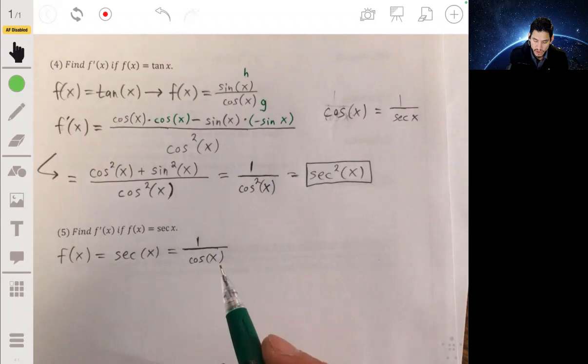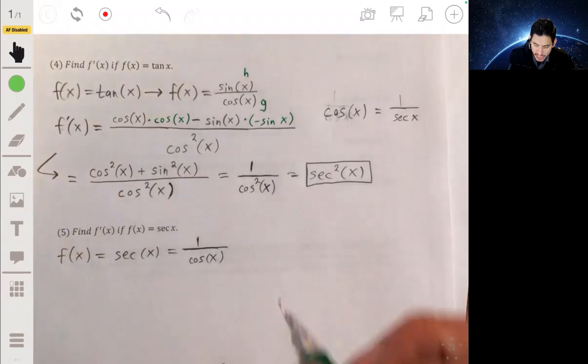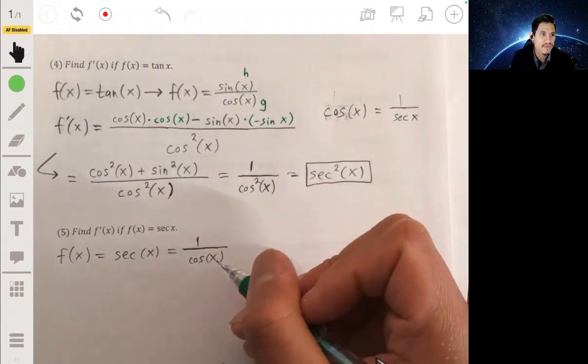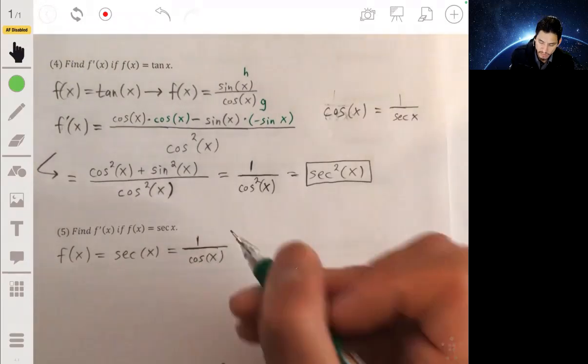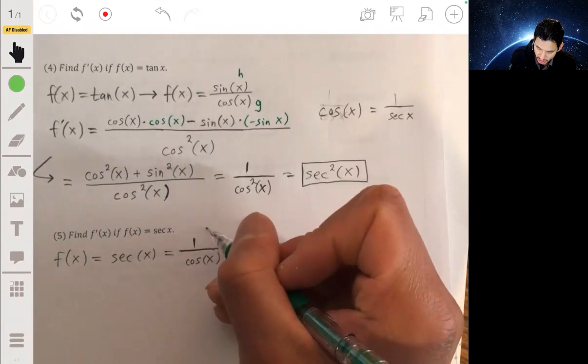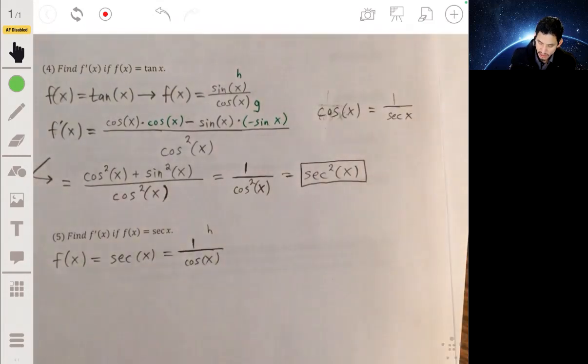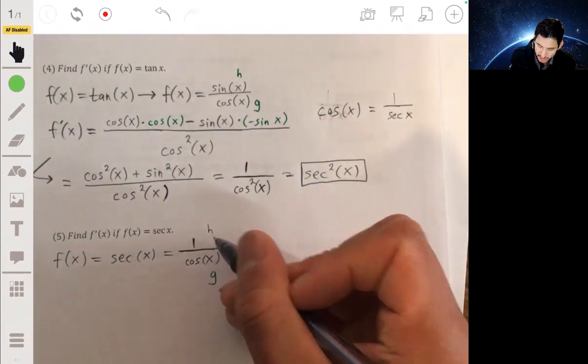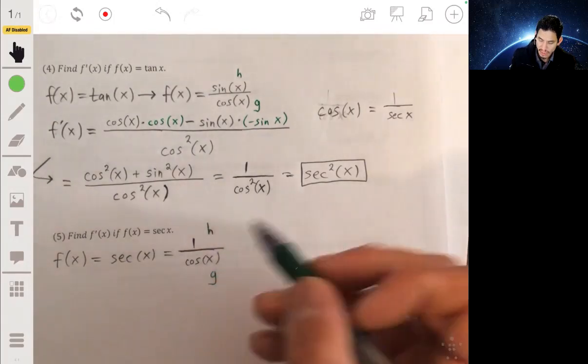So then what we got here is another quotient rule. We got a function over a function. So let's call this our h, and let's call that our g. Some function over another function, h over g.